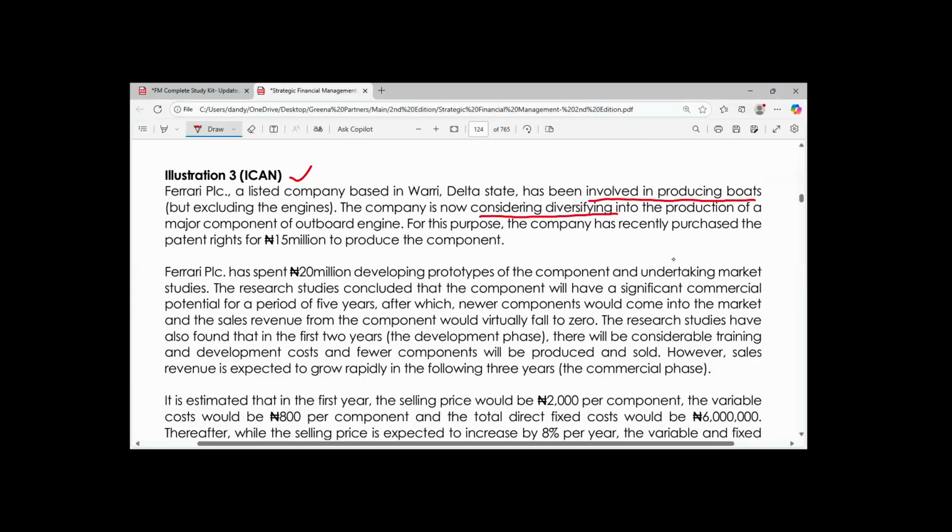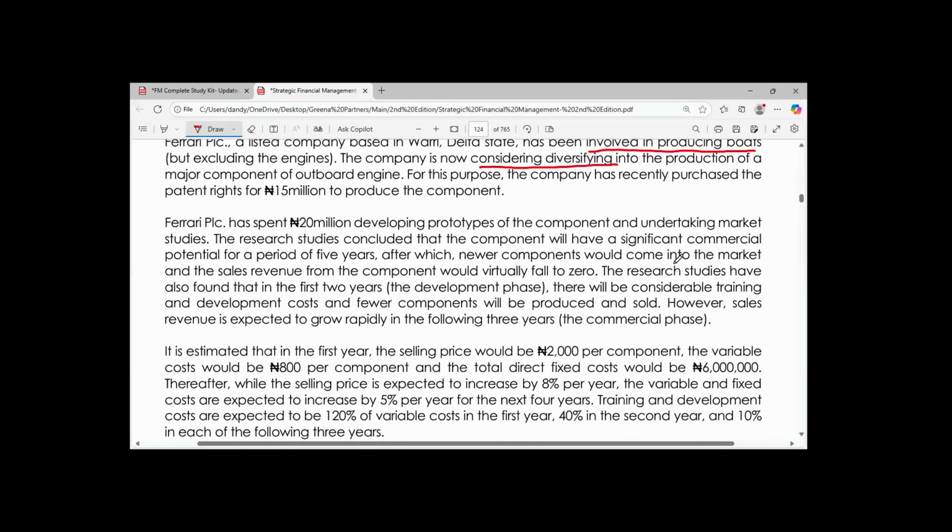Ferrari PLC has spent 20 million naira developing prototypes of the component and undertaking market studies. The research studies concluded that the component will have significant commercial potential for a period of 5 years, after which newer components will come into the market and the sales revenue for the component will virtually fall to zero.